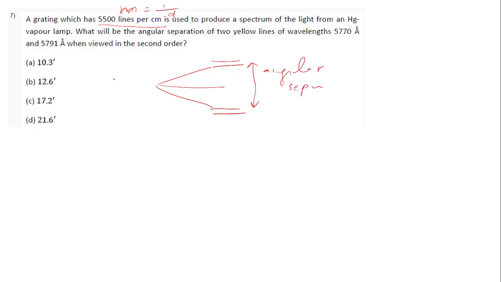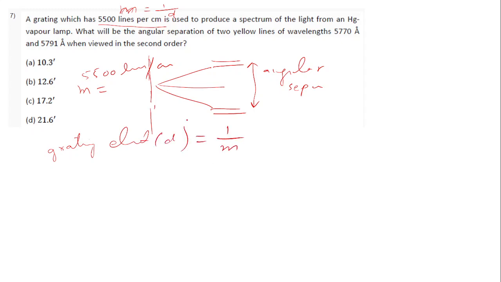The grating that we are using has 5500 lines per centimeter. This is its m value, and we know the grating element d is given by 1 over m, okay, and we know the condition for maximum also.